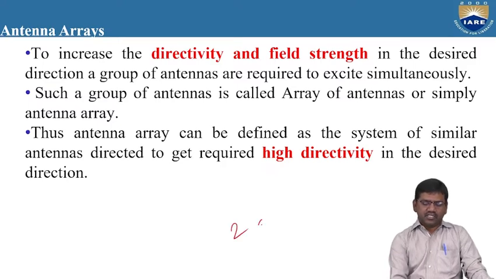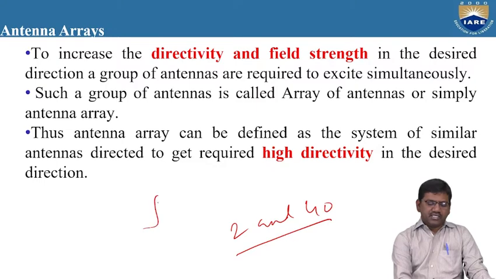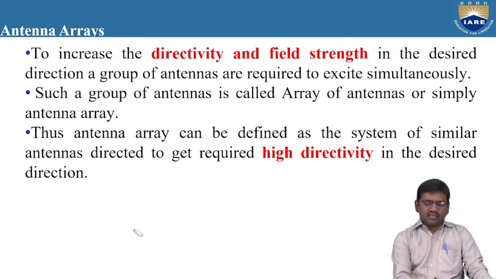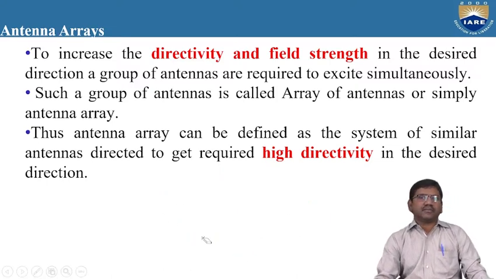As we increase the number of directors, the directivity or the field strength produced by the array will increase. That means we can propagate the electromagnetic rays to a further distance only by means of an array.